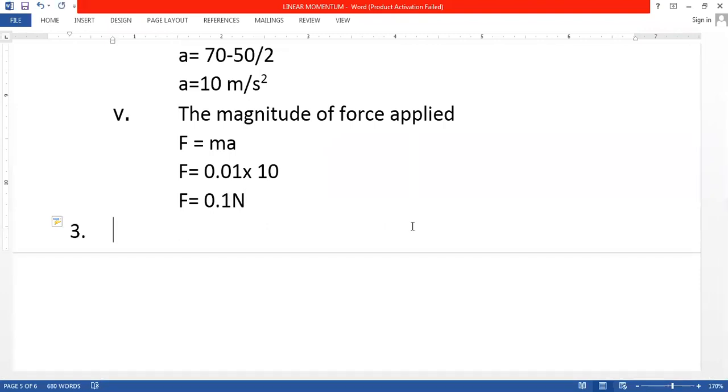Let's solve another numerical. Write it down.